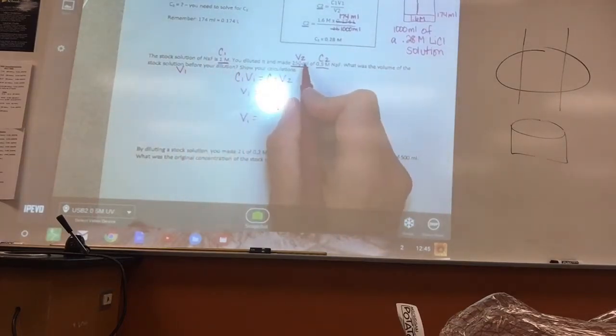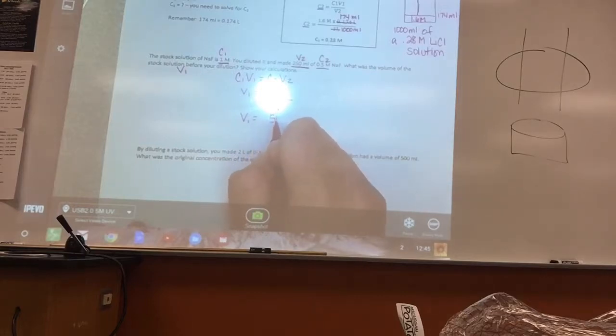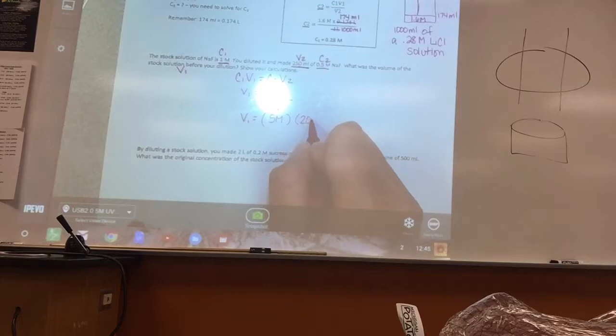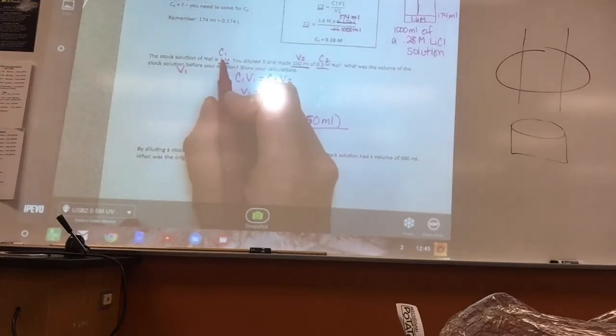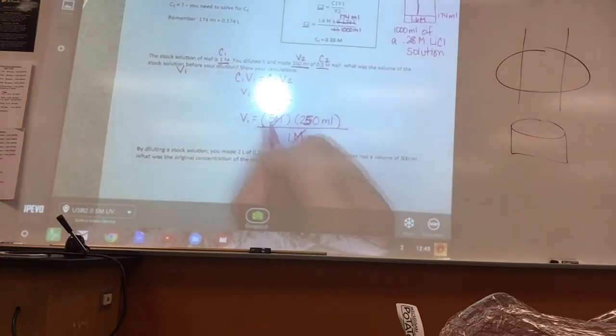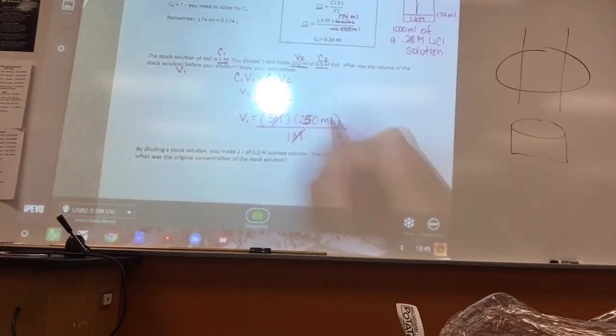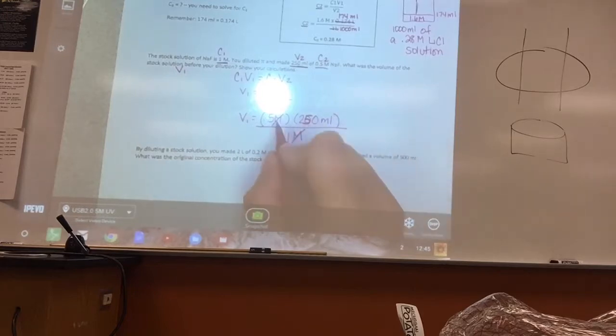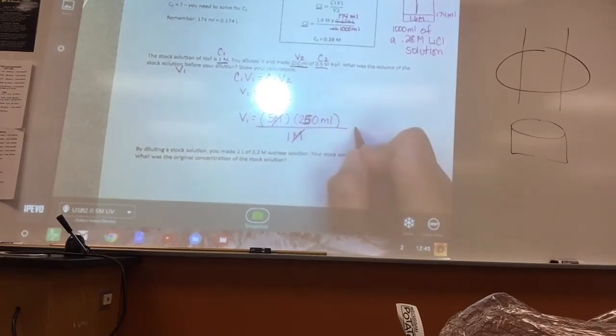I take C2, which is 0.5 molar, I take V2, which is 250 milliliters, and divide it by C1, which is 1 molar. Notice the molars cross out, those units cross out. So it's really 250 multiplied by 0.5, because you're just dividing it by 1. And so I get 125 milliliters, all right?